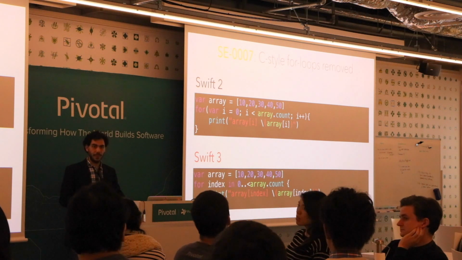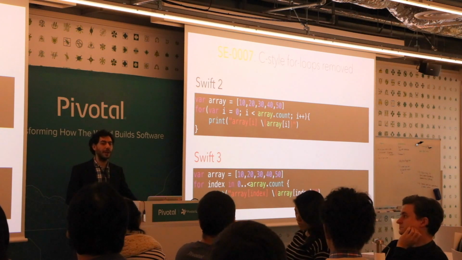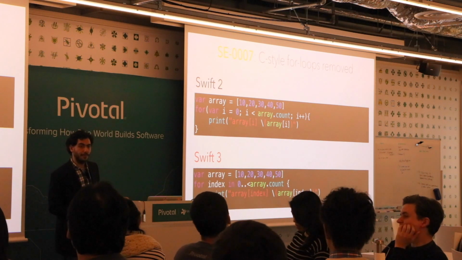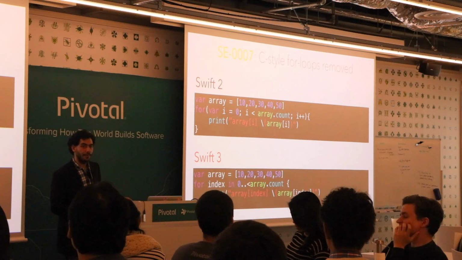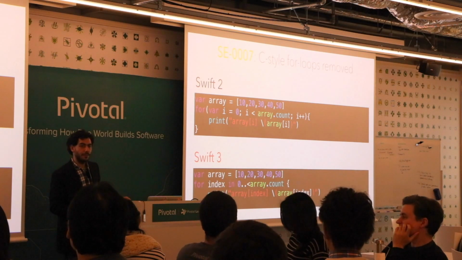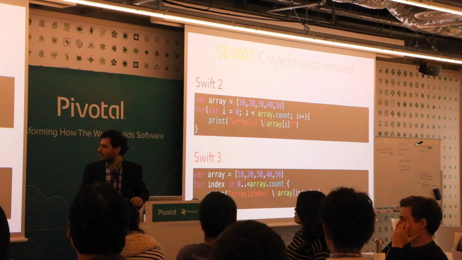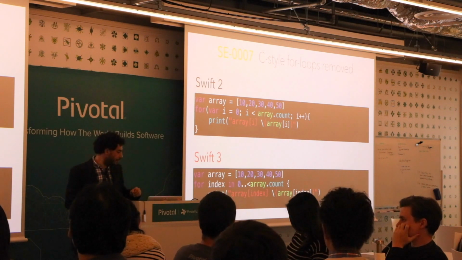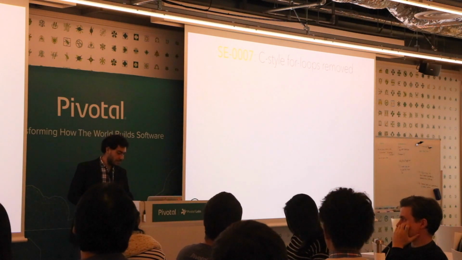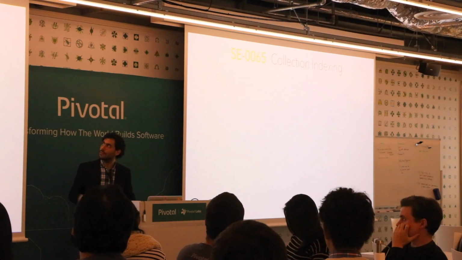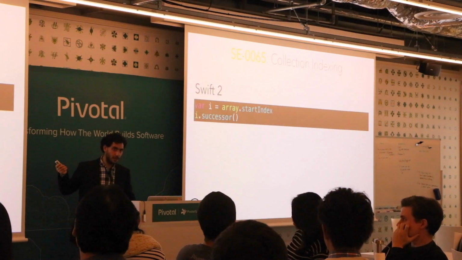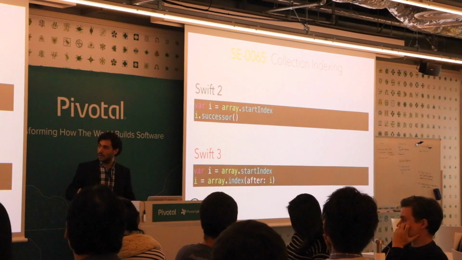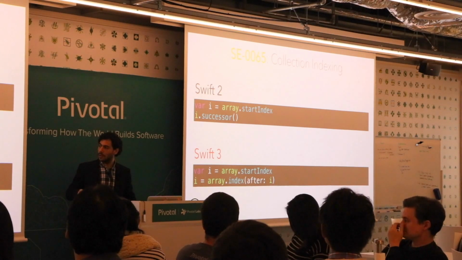How about the previous one, on the previous screen? I'm sorry? Why did they change the previous one as well, to get the next index in the array, if they are going to get rid of iterations? So why do they improve collection indexing if they don't try to discourage it?